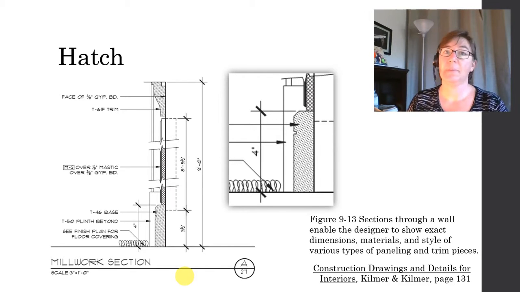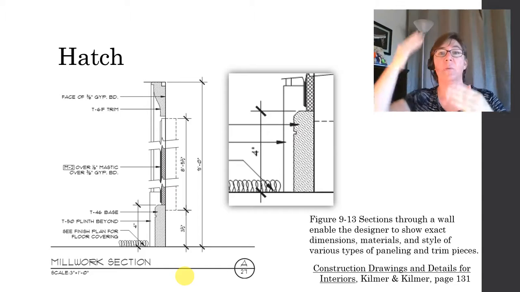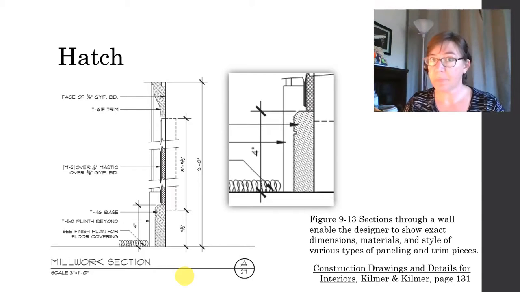So here's an example of how some hatch patterns are used to tell the difference between two different materials, and also really to indicate which items we're cutting through and which items are beyond the cut plane and we're just looking at the elevation of them.